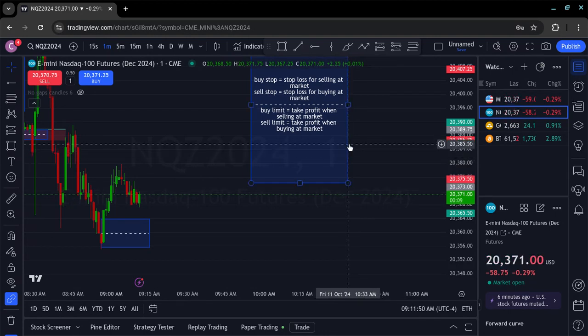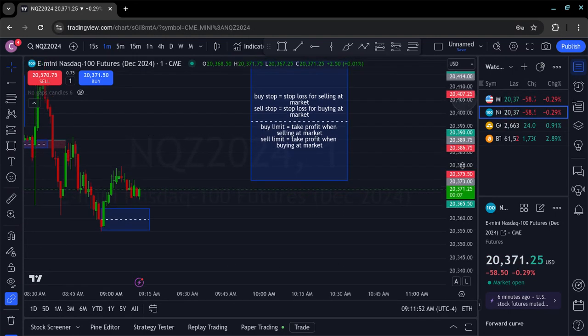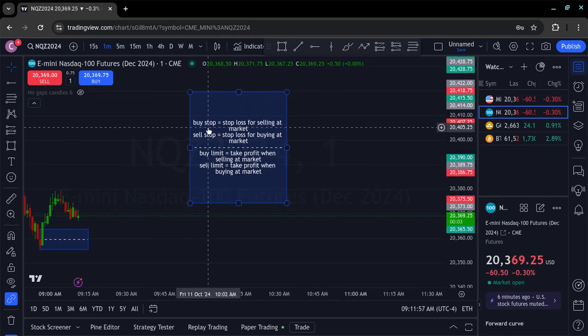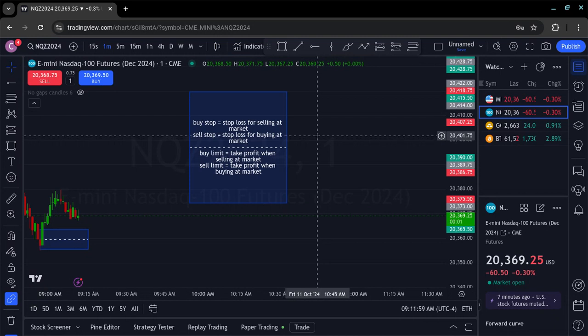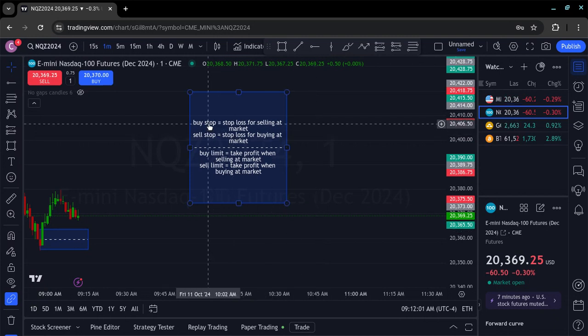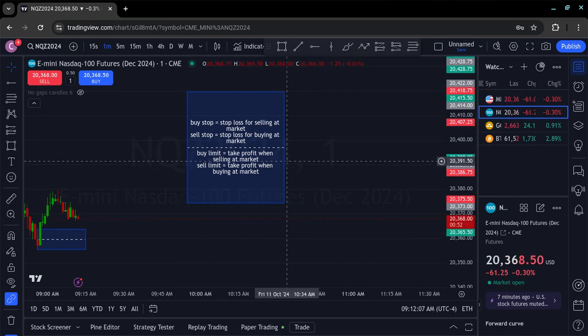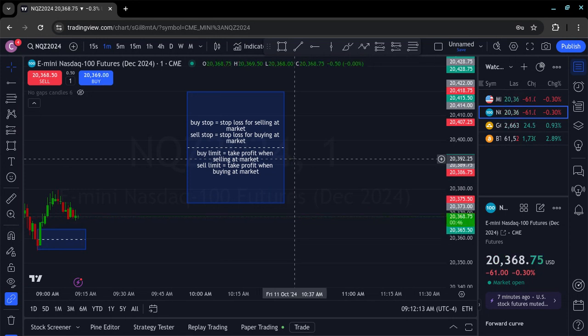So that's really the takeaway. Just to refresh: when you're selling the market, you're going to be using a buy stop for your stop loss and a buy limit for your take profit. When you're buying, you're going to be using a sell stop for your stop loss and a sell limit for your take profit.